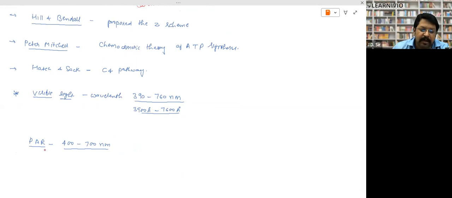PAR is photosynthetically active radiation, the radiation which is responsible for photosynthesis, and its range is from 400 to 700 nanometer, right? So I think these were some factual points, and they should be clear to you.